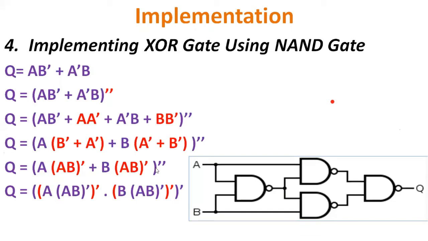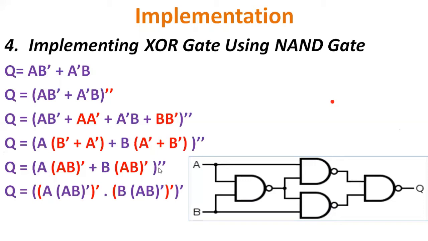Here I just used De Morgan's law. Finally there are two bars available, so these two single quotes mean two bars. Out of these two bars, I'm giving the inner bar to the first term and the second term separately. That's why I made red colored brackets here and here. This is my first term and this is the second term.